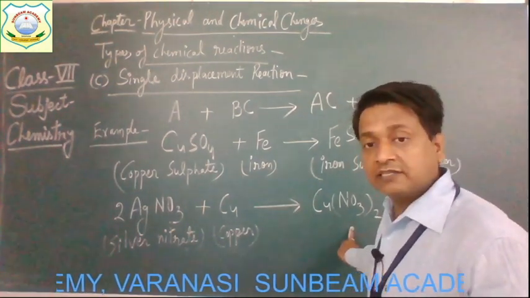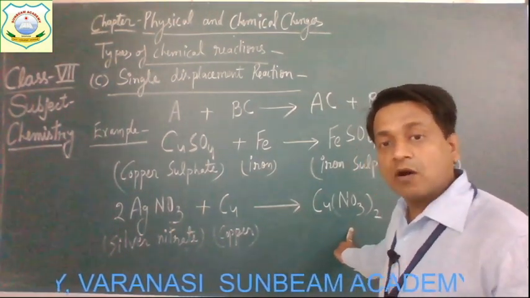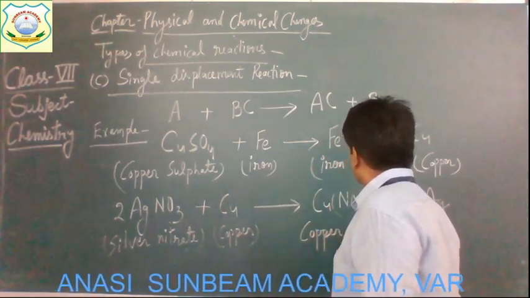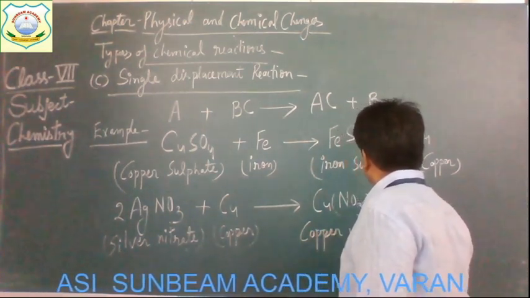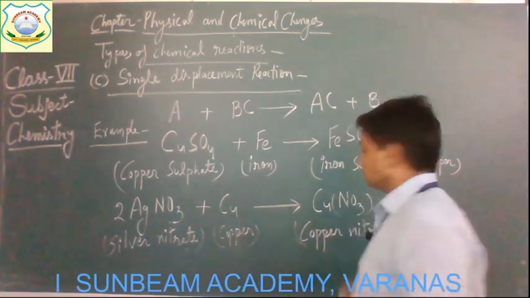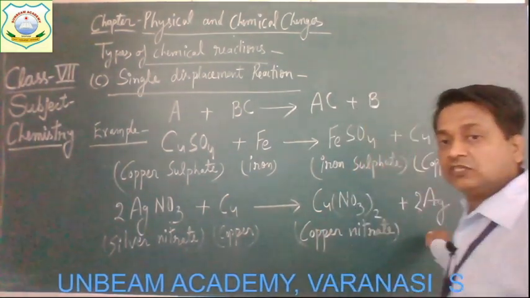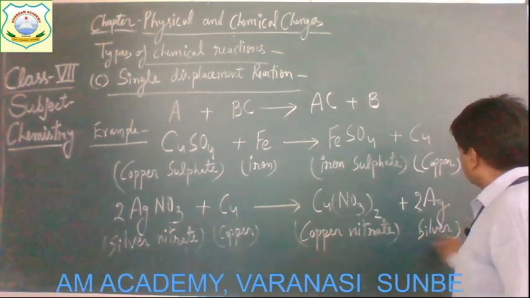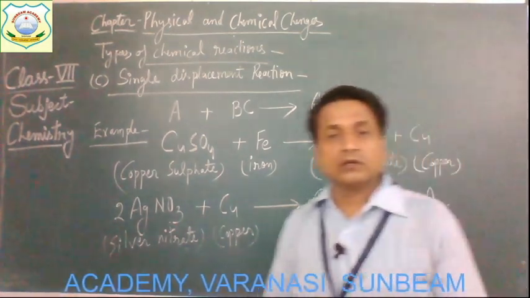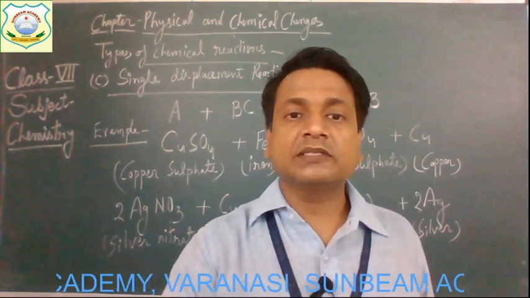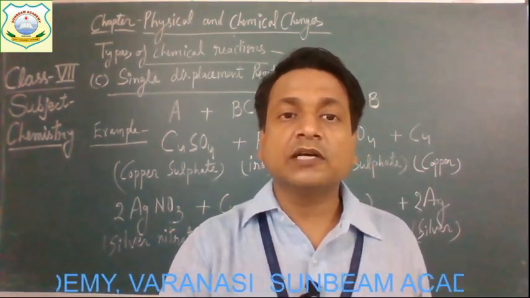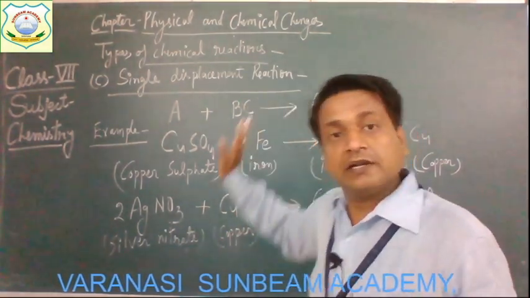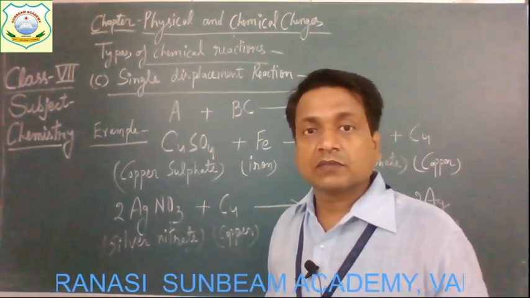Cu(NO3)2. This is the formula of copper nitrate. And Ag, this is the symbol of silver. Get it written? These examples. So these examples show which reaction? Yes, single displacement reaction. Okay.